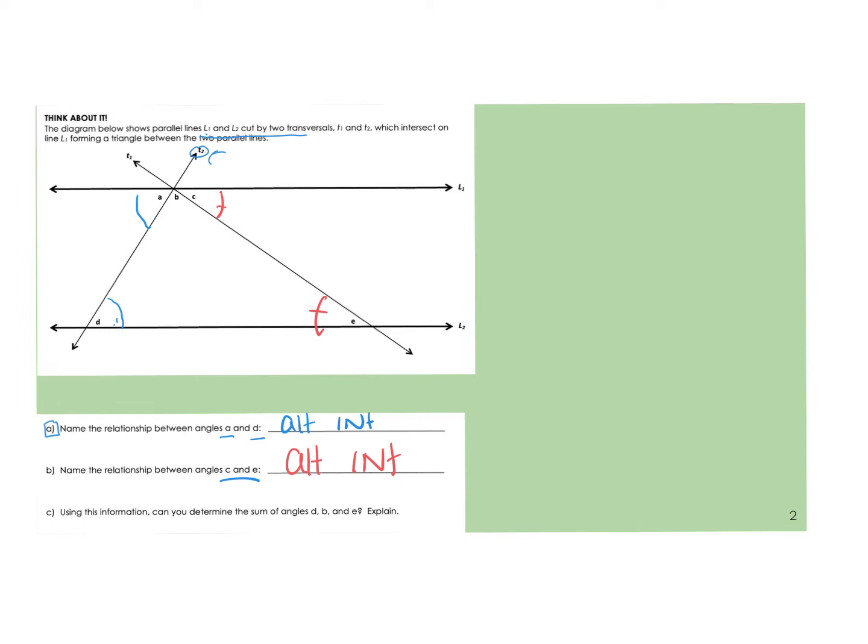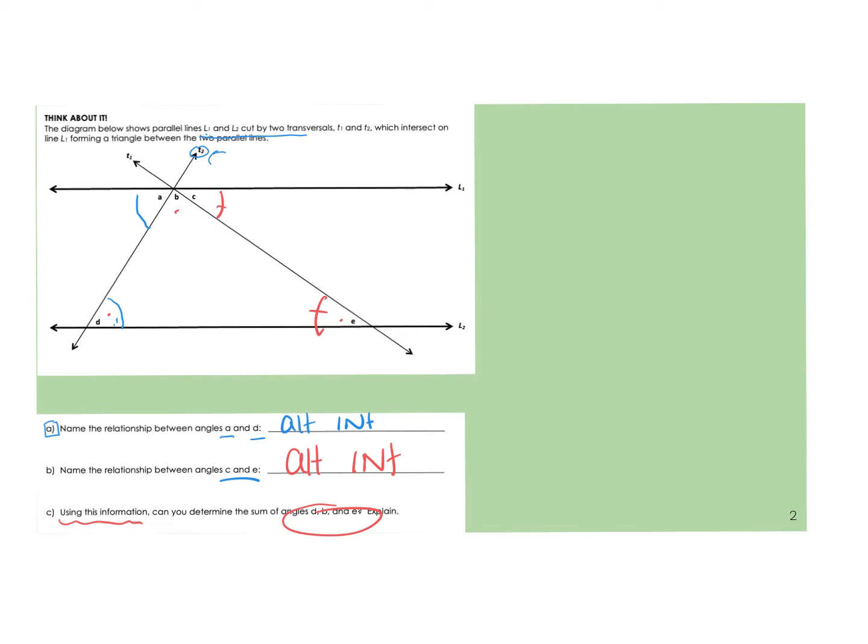Now, using this information, what's the sum of D, B, and E? So D, B, and E, the sum of the angles inside the triangle. And you might already know, but we have to prove it. So we're going to prove why the inside of a triangle adds up to 180 degrees, okay?